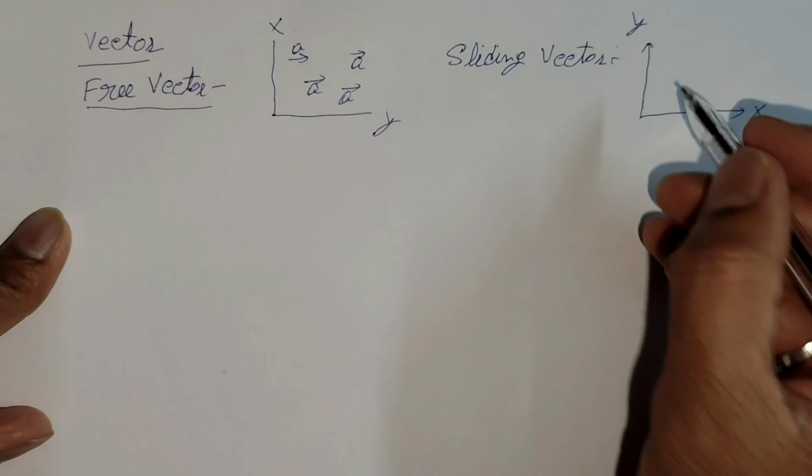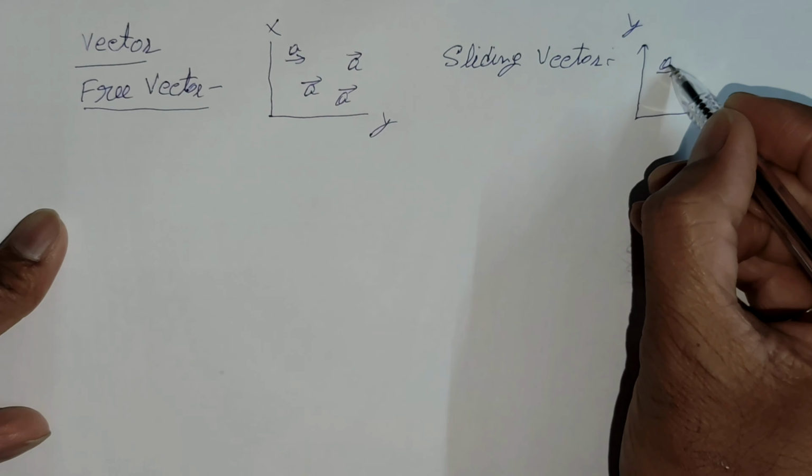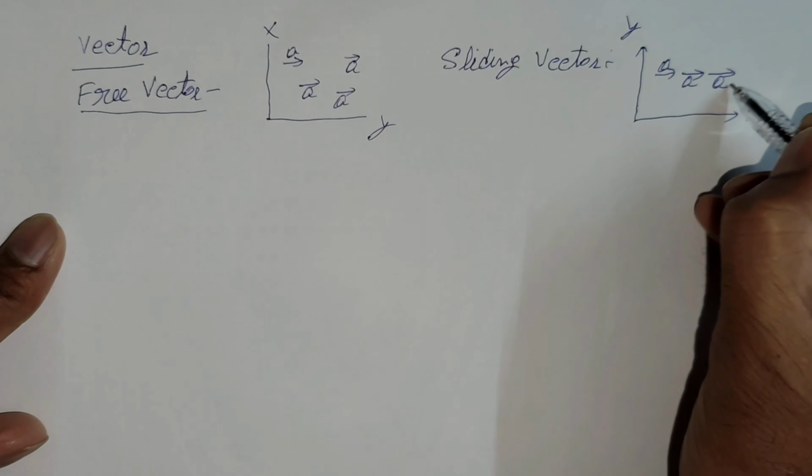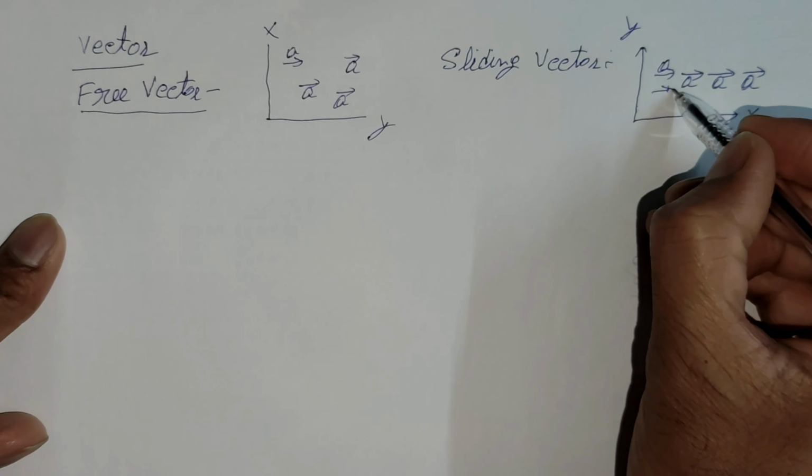If this is a vector a, then this vector can go in this direction in a sliding condition, or go in this direction in a sliding condition, that means it follows one path, one line path. But its magnitude and direction must be the same. That time this is called a sliding vector.